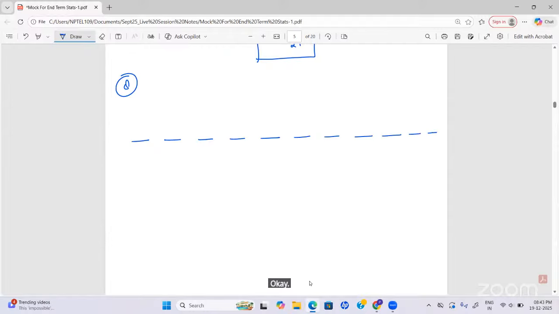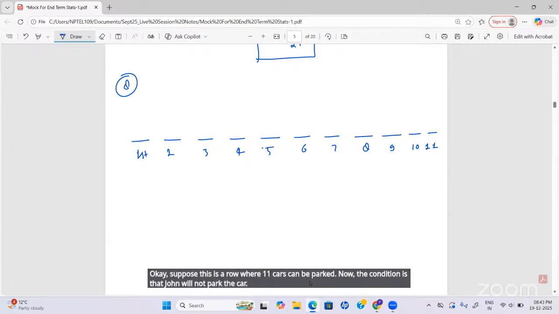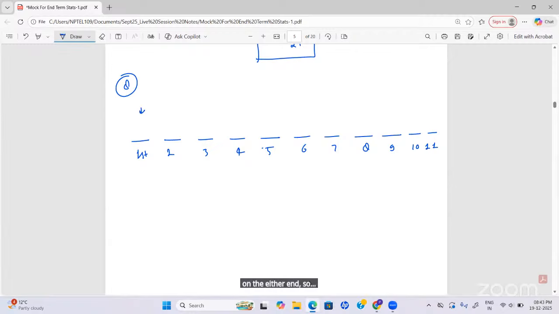I have drawn 11 lines: first, second, third, fourth, fifth, sixth, seventh, 8, 9, 10, 11. Suppose this is a row where 11 cars can be parked. Now the condition is that John will not park the car on either end, which means at this position and this one, he will not park his car. Is this clear up to this point? Yes, ma'am.